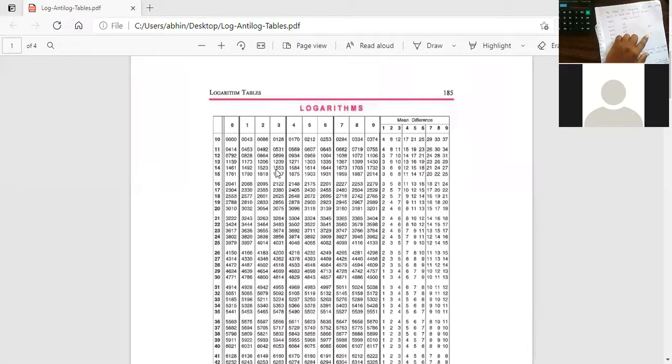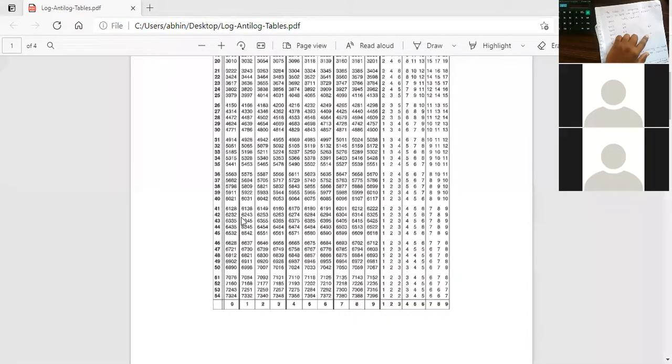Now in the log table, 32 and column 0 is 5051. So the log value for 32 is 1.5051.